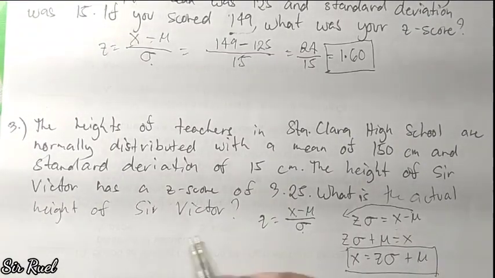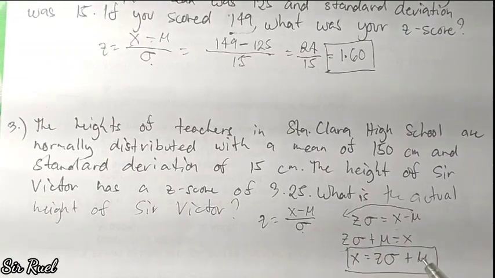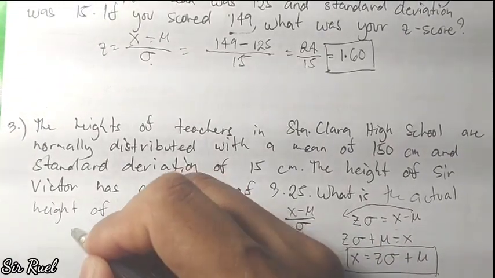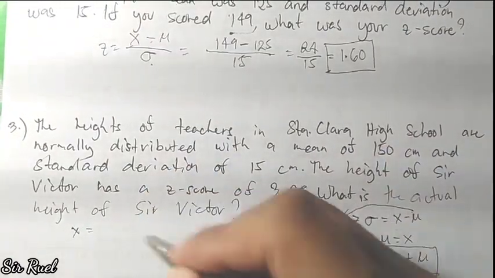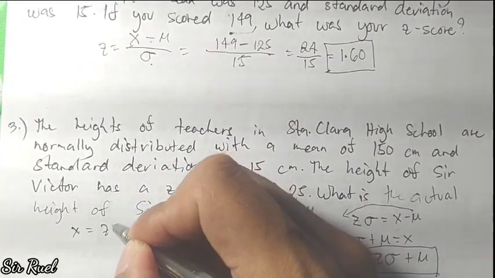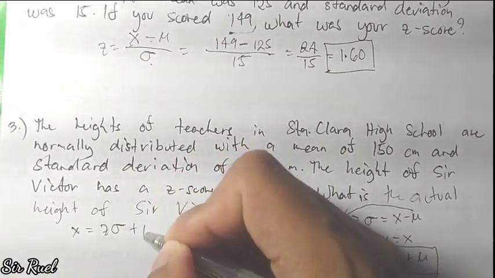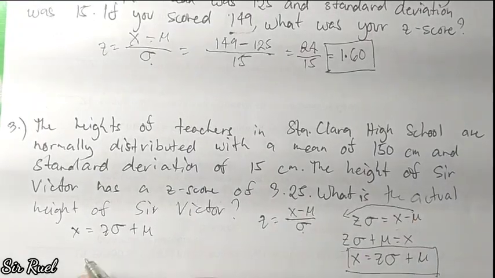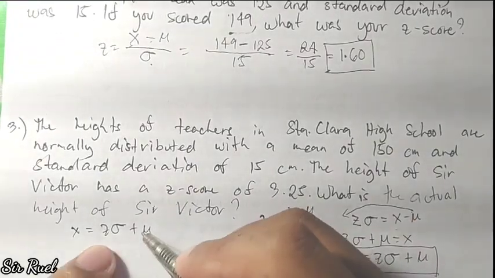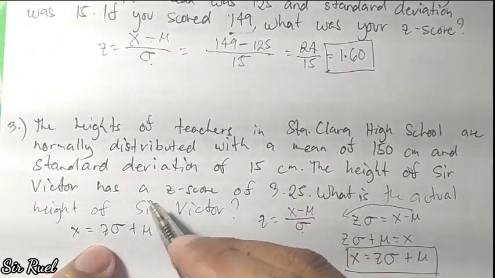Let's go back to our problem. So x equals z times standard deviation plus mean. As you can see, sa x yung hinahanap, so si z, ano yung value ni z?